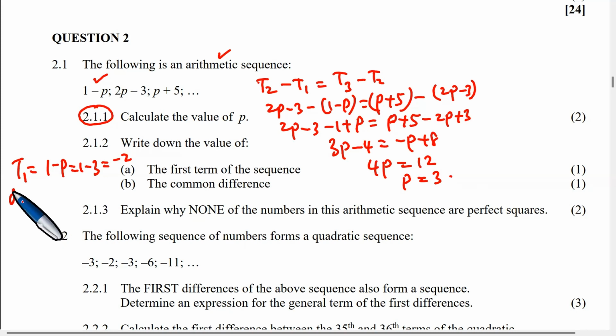So the common difference, D, can be seen as term 2 minus term 1. What is term 2? Term 2 is 2p minus 3. Term 1 we already know. What is term 1? It's minus 2. Okay, p we already know. P is 3. So we have exactly that there.